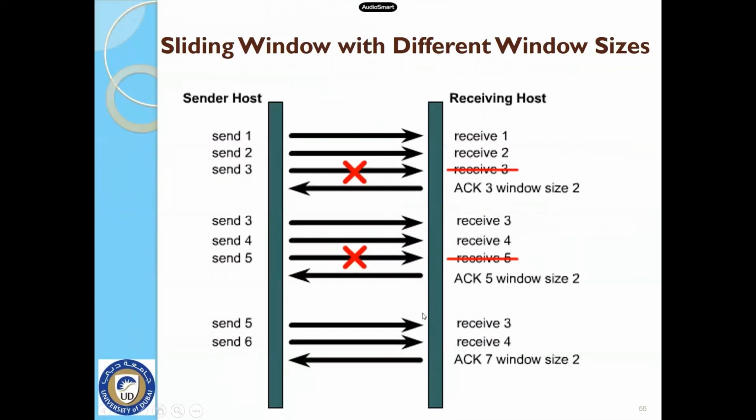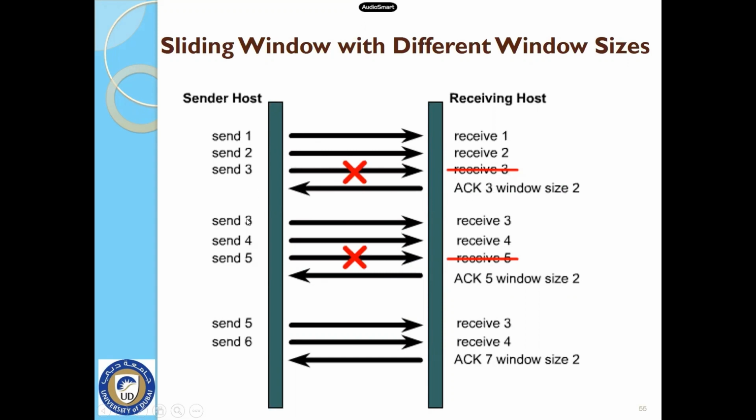Now, sometimes the window size varies or is not constant. Like in this case, at the beginning the window size is 2. It was supposed to be 3, but message 3 was lost. So it sent 3 messages, and packet 3 was lost. The receiver received message 1 and message 2, but message 3 was not received, so it sends an acknowledgement to the sender: okay, send me packet 3 again.